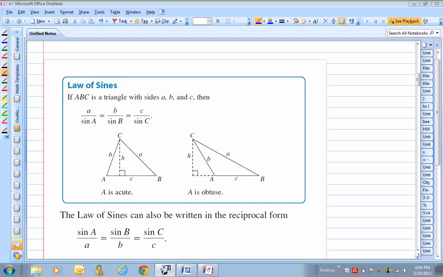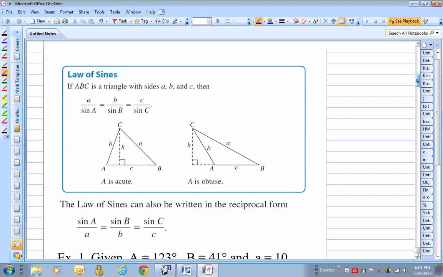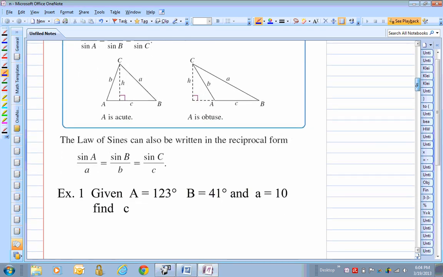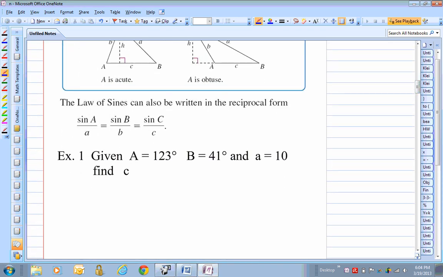We're not going to use all three at once. The reciprocals can also be used, which is the one I use probably the most often: the angle over the side. Notice that the angle and the side have to be a pair for you to use this.